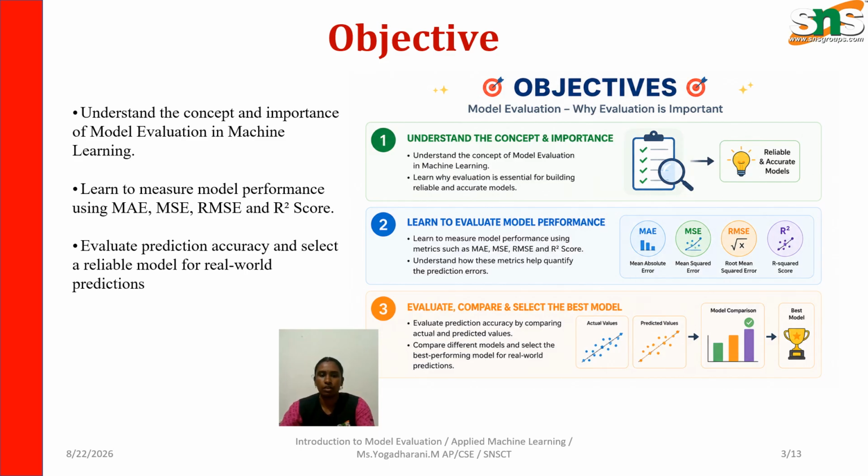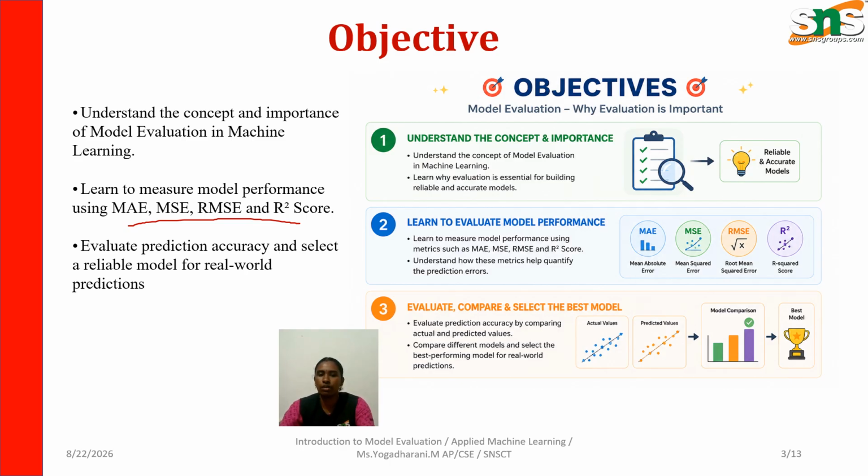This slide shows the three objectives: understanding the importance of model evaluation, learning metrics such as MAE, MSE, RMSE, and R squared, and selecting reliable models for real world predictions. By the end of the session, you should be able to explain what model evaluation means and why it is important.